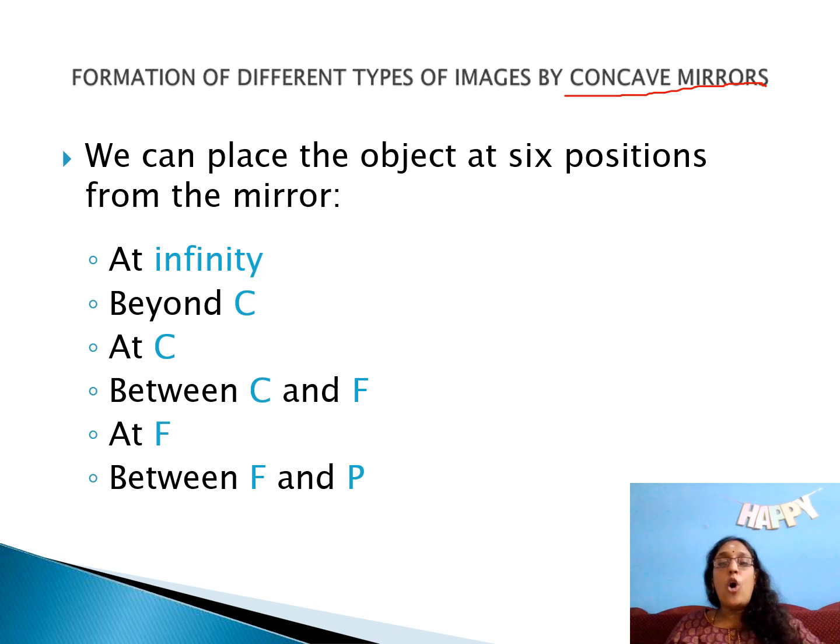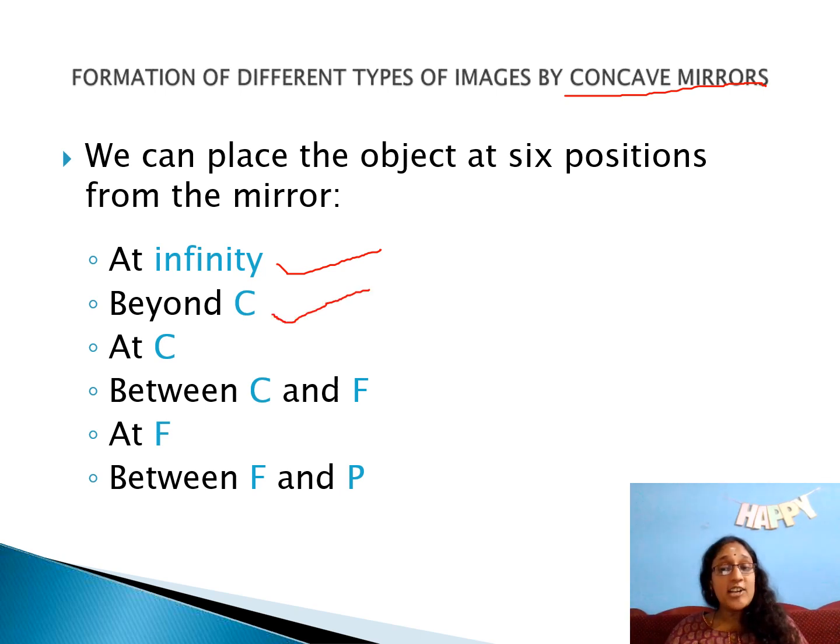So depending upon where you place the object, you will have the corresponding image. The first position: if you keep it at infinity, so you don't know the exact position of the object, then you keep it behind C.